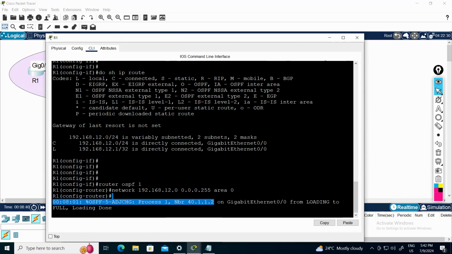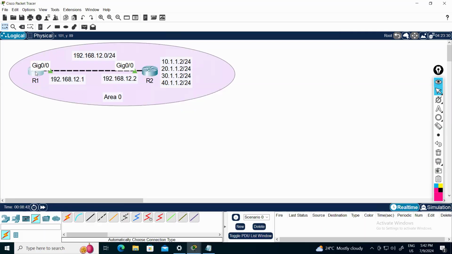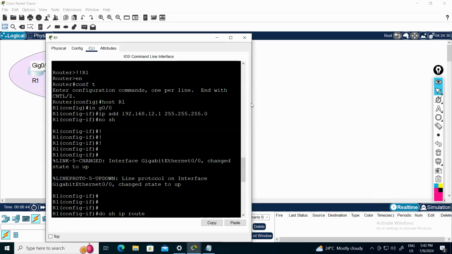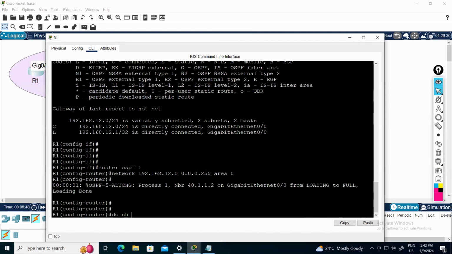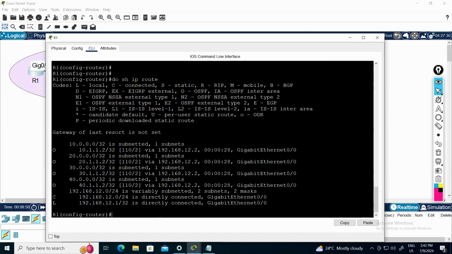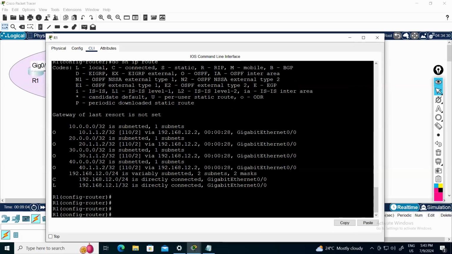Okay. Now on R1 I can check the routes also. Show IP route. We have routes for 10, 20, 30, and 40. You can see the AD value is 110. Clear? Now let's try to ping.